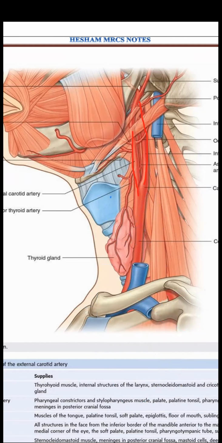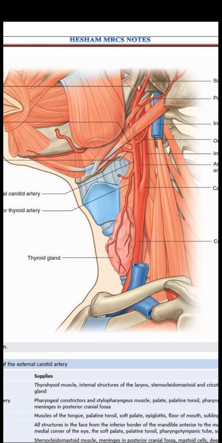But what about its course in the neck? This artery passes deep to the sternocleidomastoid until it reaches the anterior triangle within the carotid triangle. It passes within the carotid sheath. Now, please tell me, what is the relation of the carotid artery to the internal jugular and to the vagus?